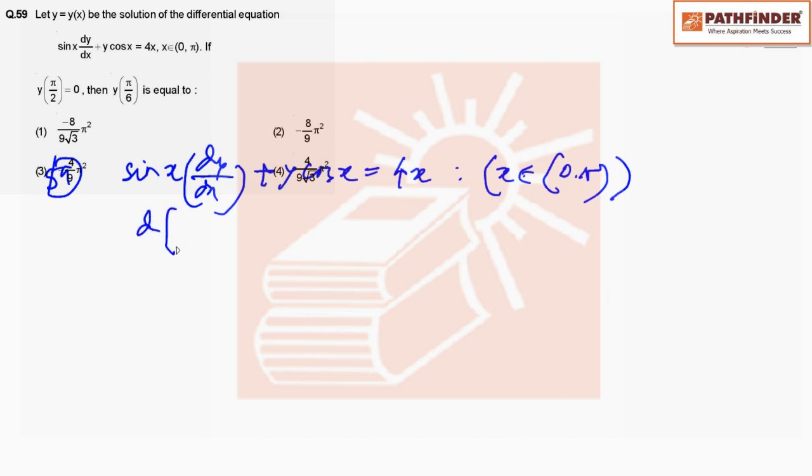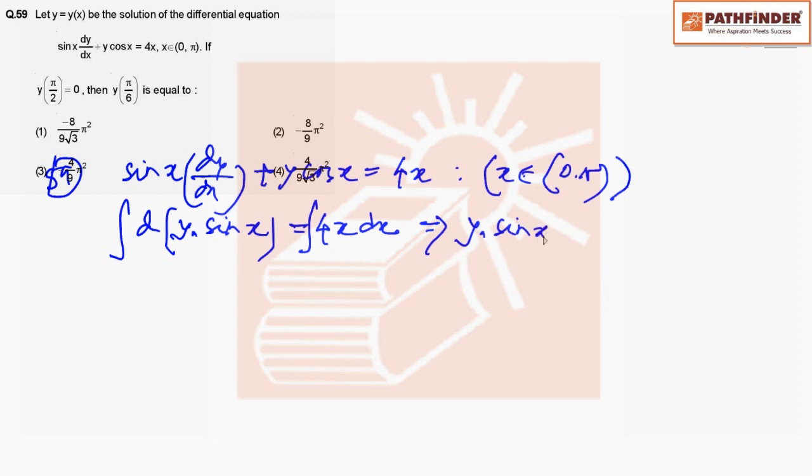Now d of y into sin x is a perfect differential equal to 4x dx. Now integrating we are getting y into sin x equal to 2x square plus c.